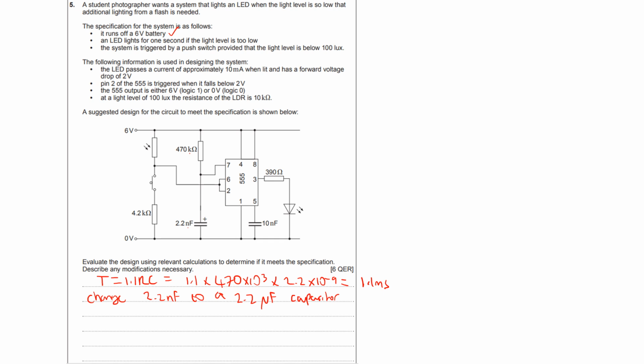The system is triggered by a push switch when light level is below 100. Notice we want a logic 0, so will that give me a 0? It needs to drop below 1/3 of the supply to give me a logic 0. The LDR is 10K. That's not quite 1/3 of the supply, so I don't think that will work.